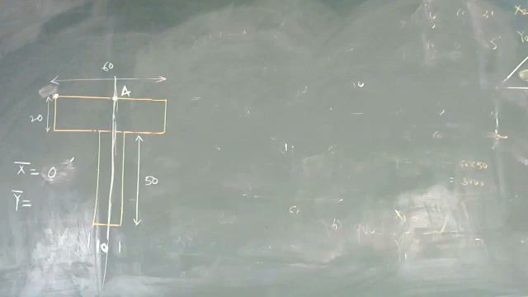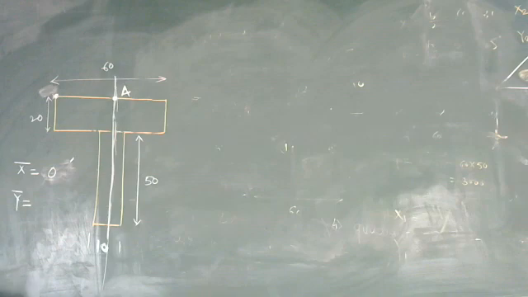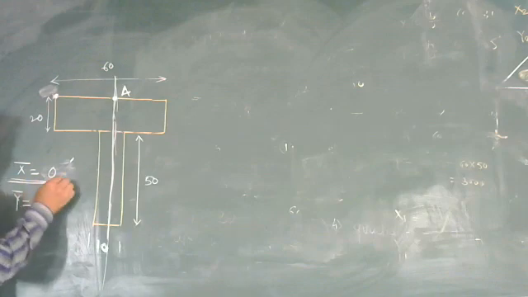Clear? So first part, remember this: our initial step during solving this type of problem is to check whether the object they have given is symmetric or not. If symmetric, definitely one thing we will get easily.